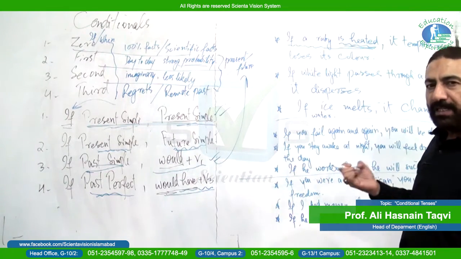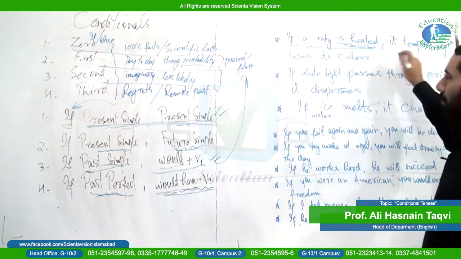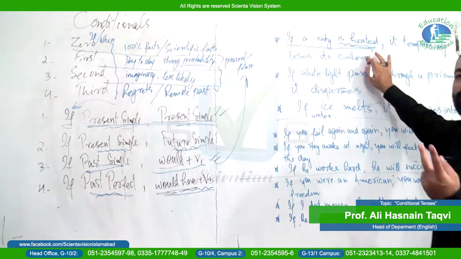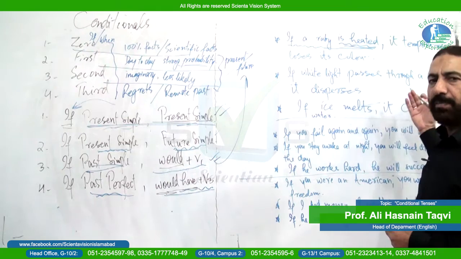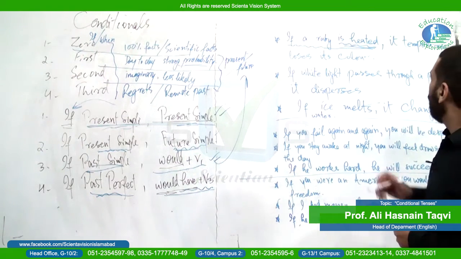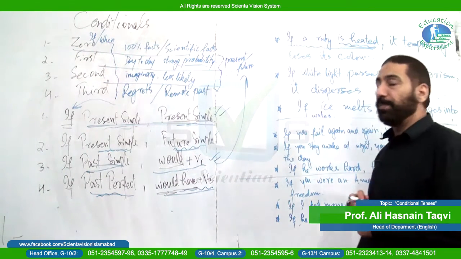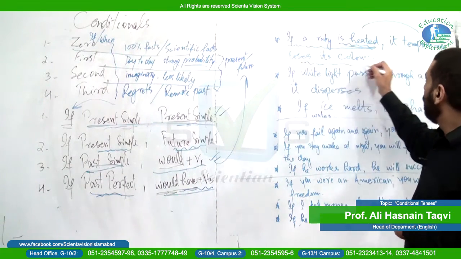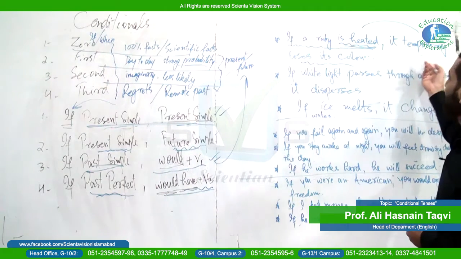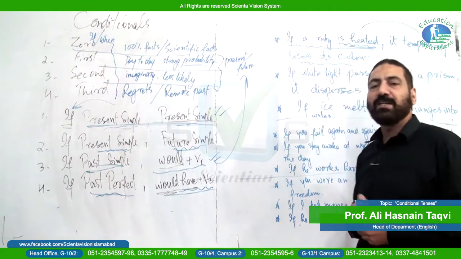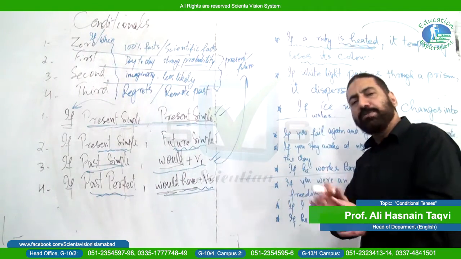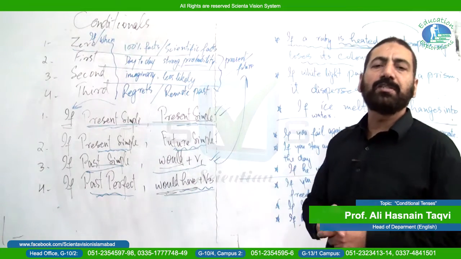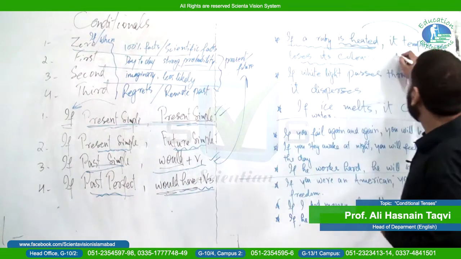Now the likely possibilities with present simple in the if clause, only two. Another present simple or future simple. You would not go for future simple because this is a scientific fact. If you heat a ruby, it temporarily loses its color. So whenever you heat a ruby, it temporarily loses its color. 100% true.